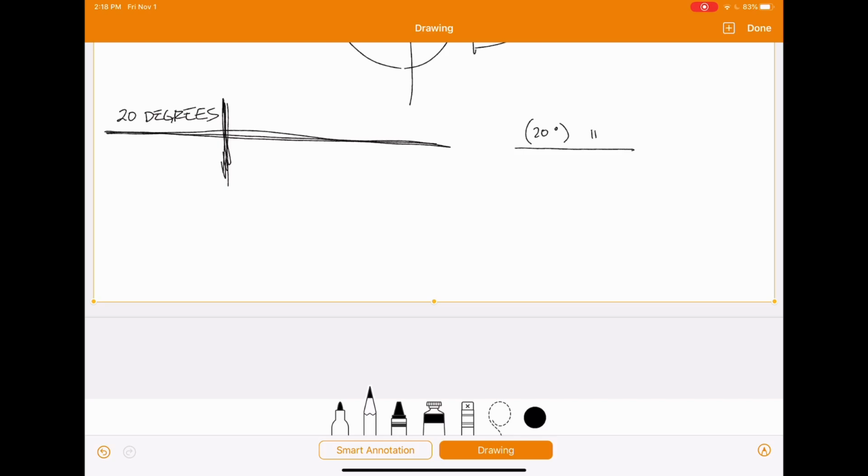So pi over 180. All right, so vertical lines are like parentheses, horizontal line is your fraction bar. All right, and so in order to cancel out units, they've got to be on opposite sides of your fraction sign. So I know I'm going to need degrees on the bottom, which leaves radians for the top.